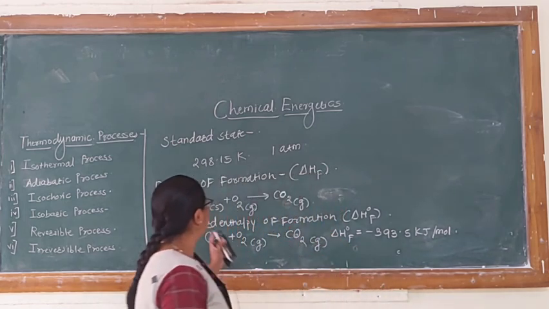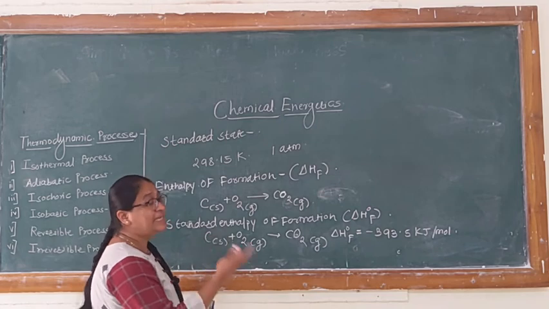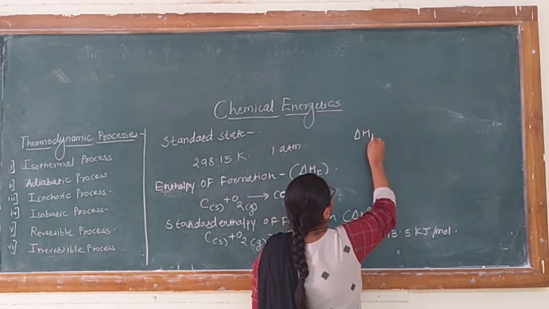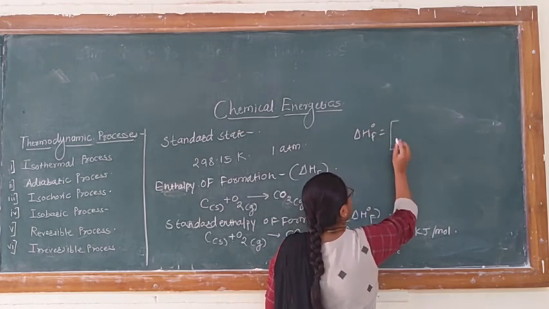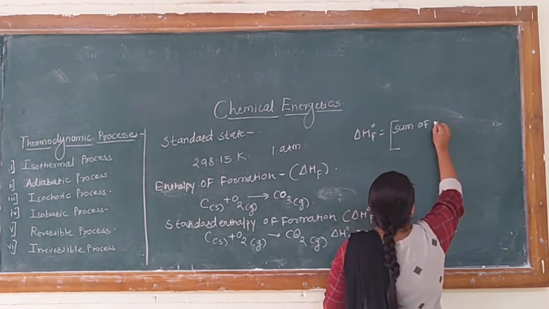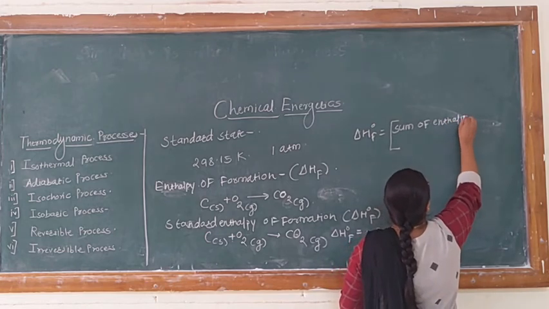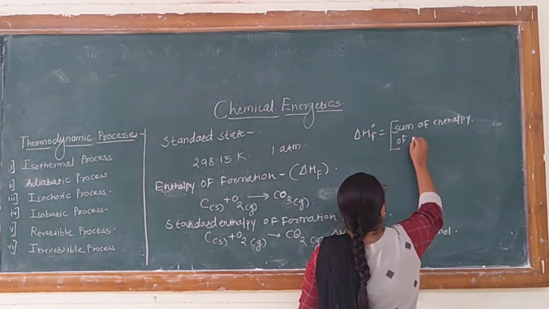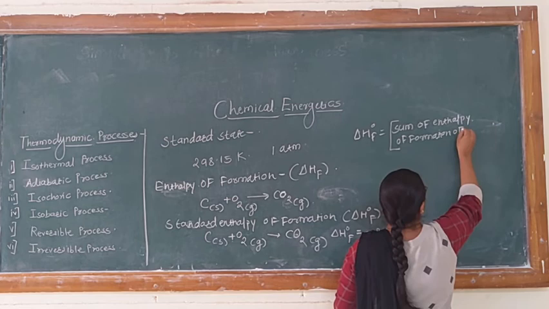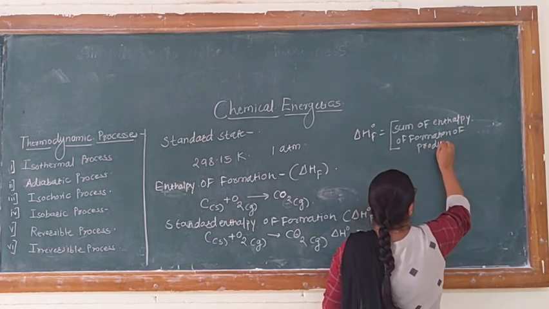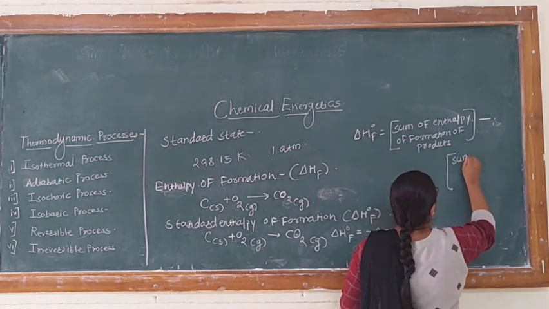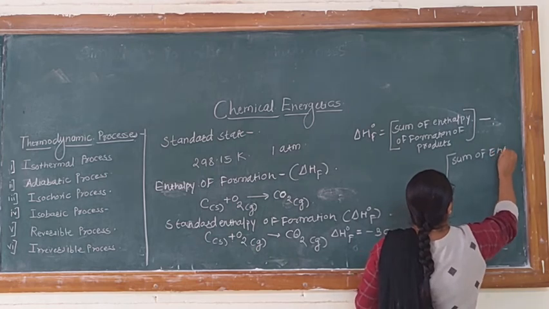And to calculate the standard enthalpy change for a reaction, we can write the general formula as: sum of standard enthalpy of formation of products minus sum of standard enthalpy of formation of reactants.